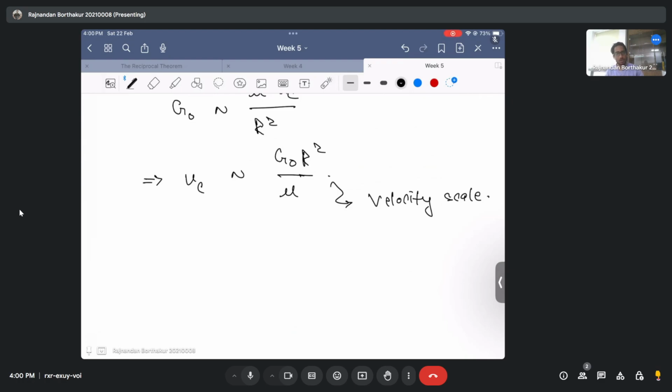All right. So now the first task, identifying the different scales of the problem, is finished. So what's next then? The next immediate task is to define the non-dimensional variables using these characteristic variables. Okay.